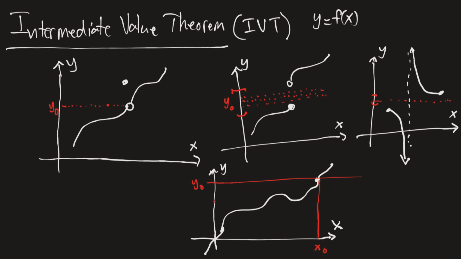If you picked, let's say, this as the y, then I'd have a couple x's to choose from. So if this is like a y1, then I could pick that as my x1, or I could pick that as my x1. So any y that you pick here, I am guaranteed to find at least one x that, when evaluated in my function, would give me the y that you picked, right?